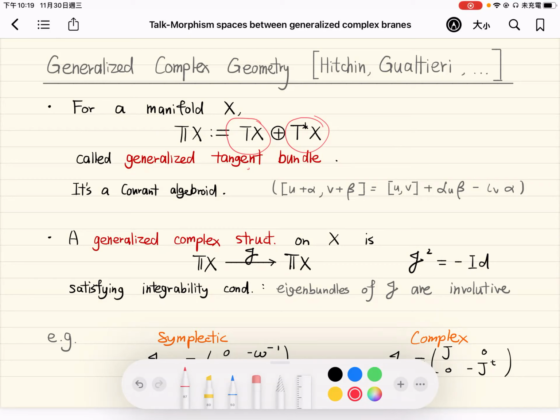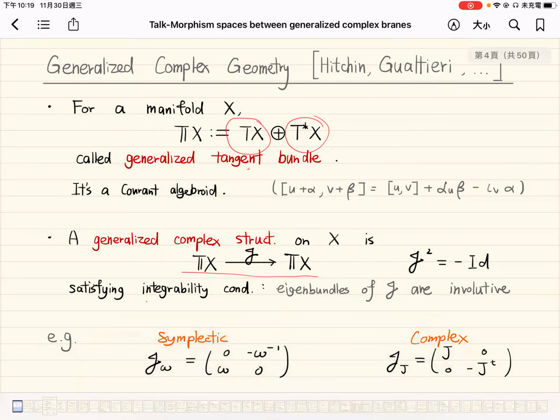We just need to know that we can also define a generalized version of complex structure. So we have the generalized complex structure defined to be an endomorphism of the generalized tangent bundle which squares to -1. And we have an integrability condition that the eigenbundles of this endomorphism are involutive with respect to the Courant bracket.